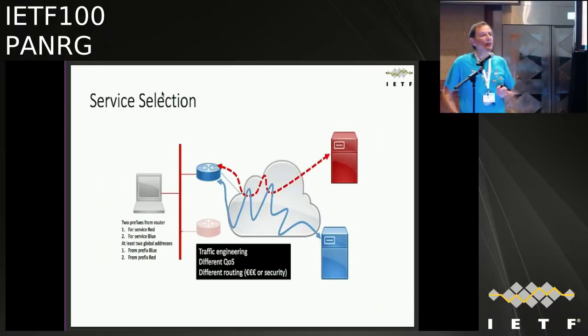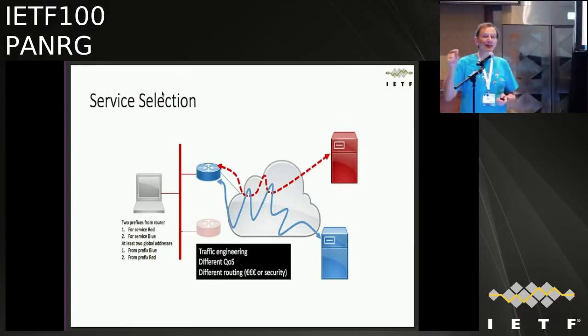We can use it the same way, even if you have a single interface. In IPv6, you can have multiple addresses per interface from different prefixes. In this case, coming through the same router, but it could have been coming from 5, 6, 7, 10 routers on the same layer 2 domain.